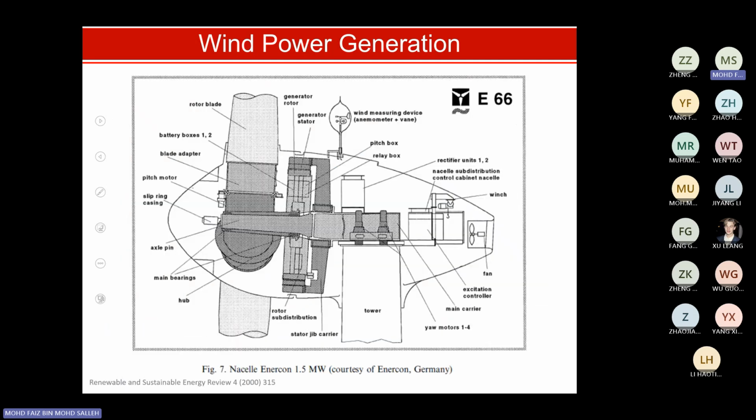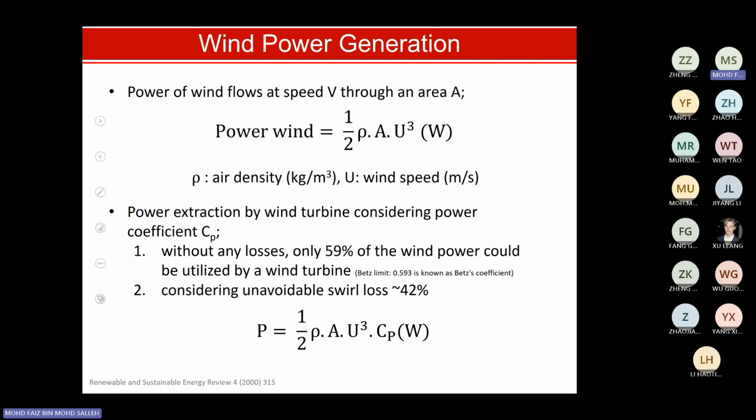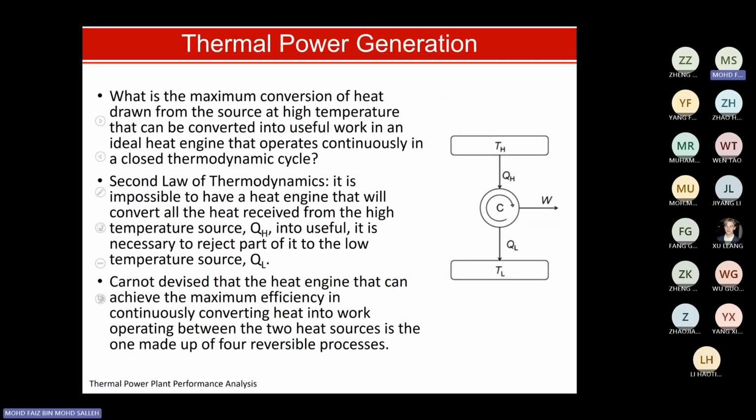And then we looked at the thermal power plant, the conversion of thermal energy into electrical energy. I think this is the conventional one. So you burn the coal, you burn the oil, you burn anything to heat up the water to become steam.